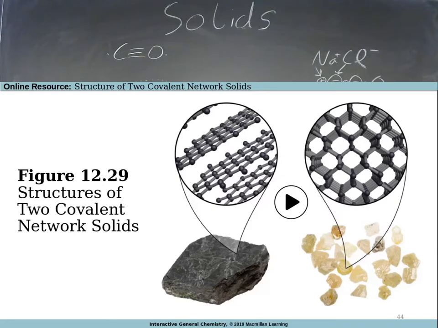It's composed of carbon that is bonded together in these sheets, and one sheet can extend to macroscopic dimensions, and that is one form of carbon. And then on the right we have diamonds. Those are uncut diamonds, but they are diamonds nonetheless, and they have a three-dimensional covalent network that extends across the whole bulk of the stone.